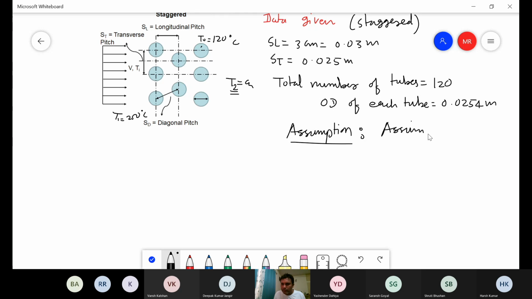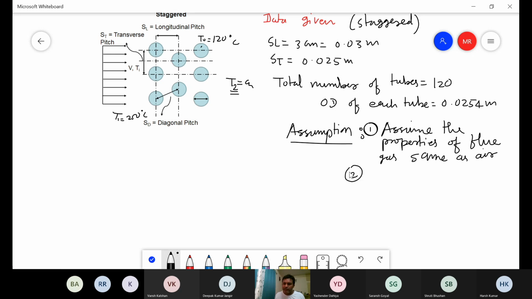So the assumption here is: assume the properties of flue gas are the same as air. This is the first assumption.